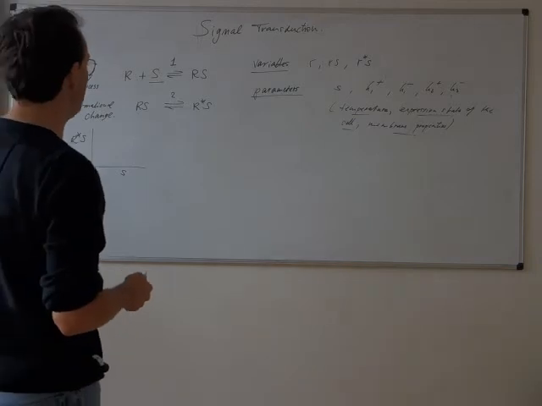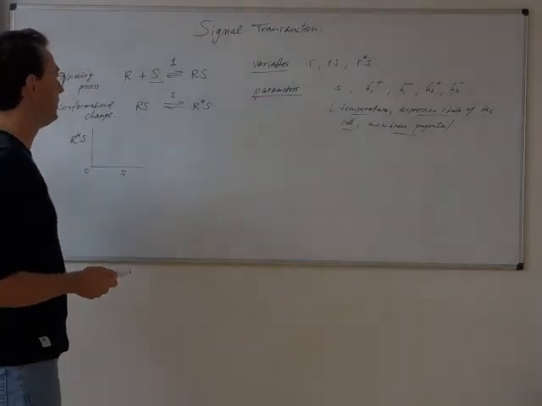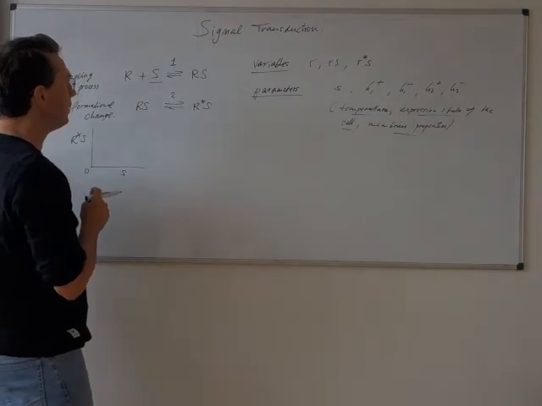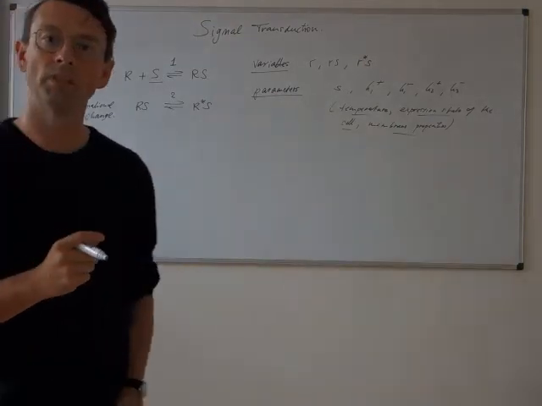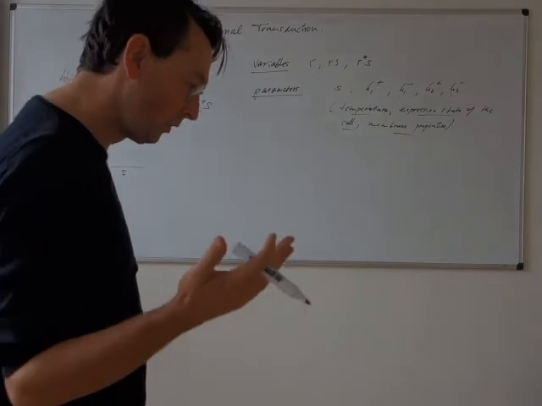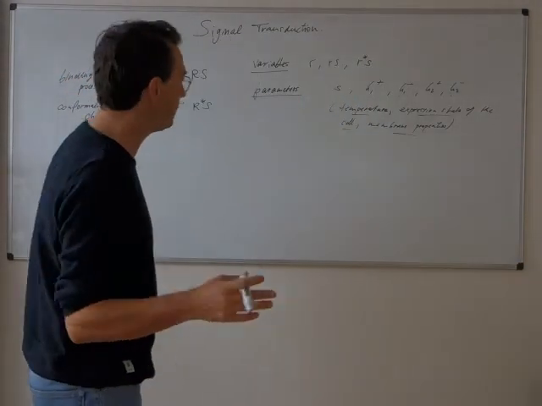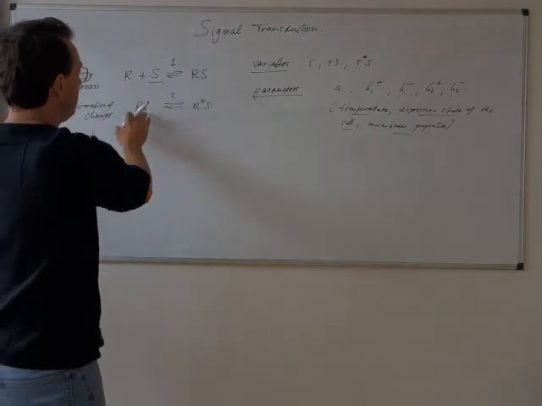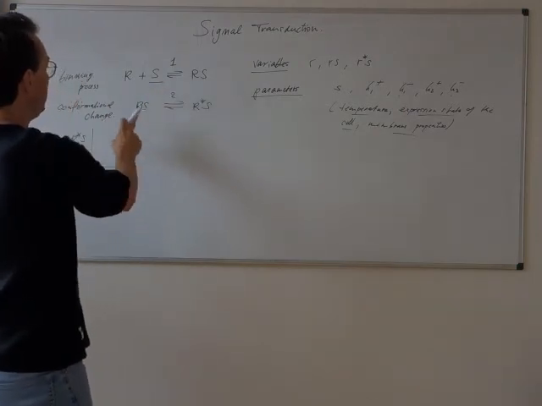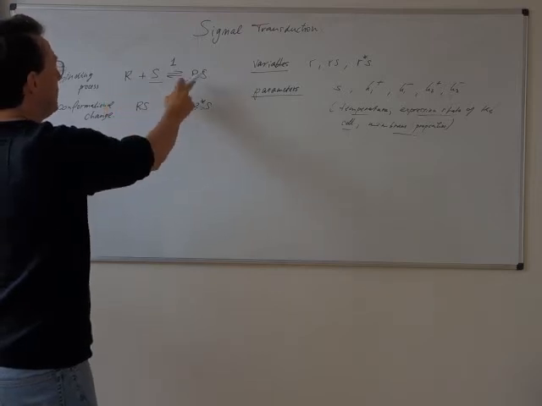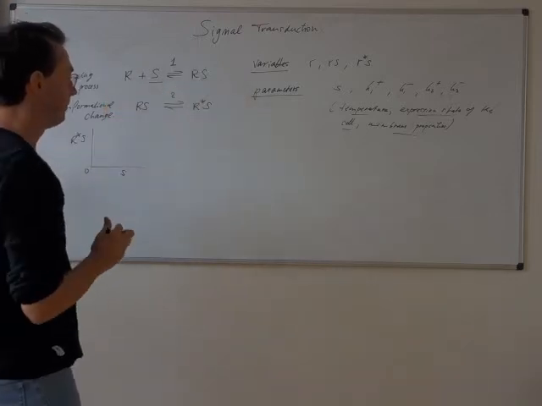Now there is also another thing that you probably immediately see, and that is that there is no change in the total amount of receptors. There is no synthesis of new receptors, and there is no degradation of receptors either. So the receptor is only going to change between three different states: inactive, so free, bound, and active.